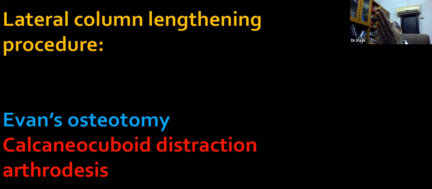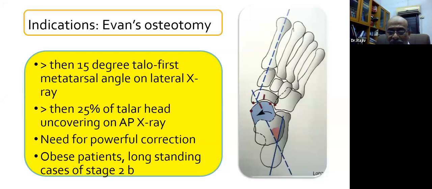Your navicular together with the forefoot has gone into abduction, and your lateral column has shortened. You want to lengthen your lateral column so that the whole forefoot which has gone into abduction would get rotated into neutral position. There are two procedures which are being done. One is Evans osteotomy. Another is calcaneocuboid distraction osteotomy.